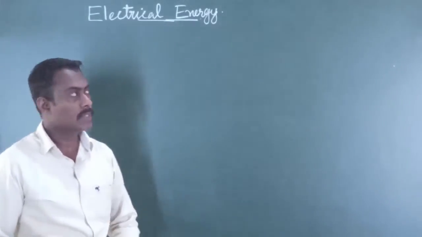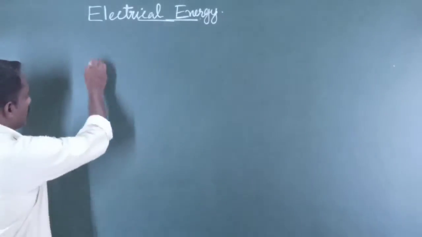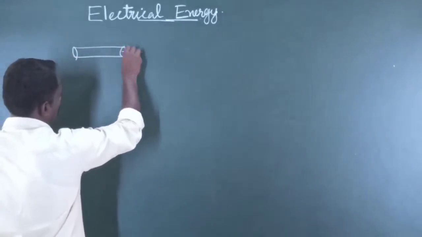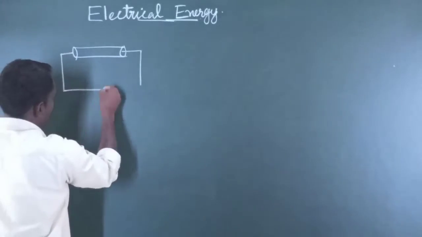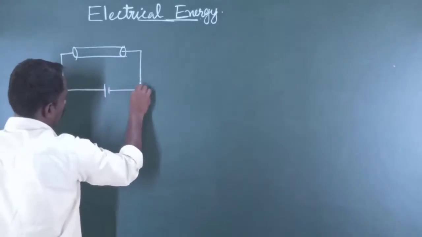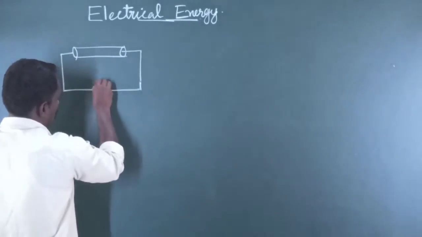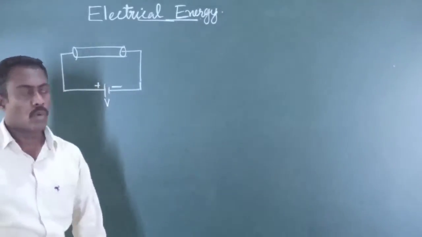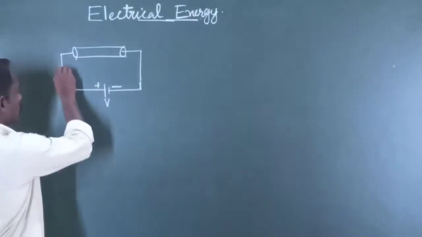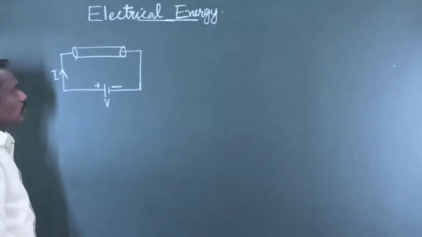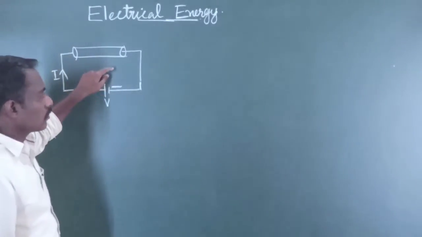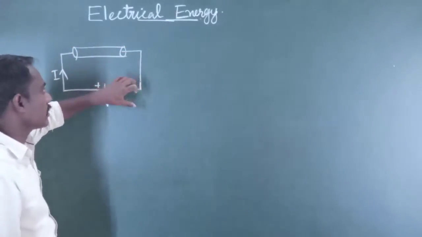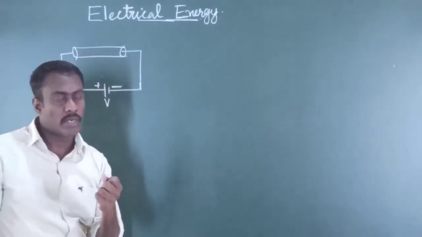As we have seen in the previous diagram, a conductor is connected to a voltage source, that is V here, and the total work done is for maintaining the flow of current through the conductor through a voltage source.